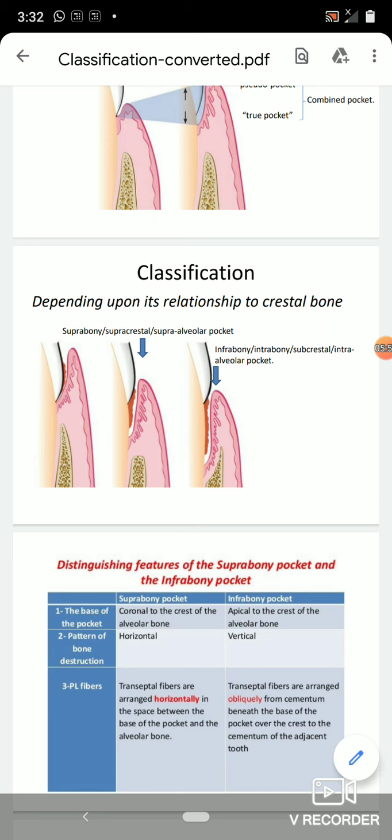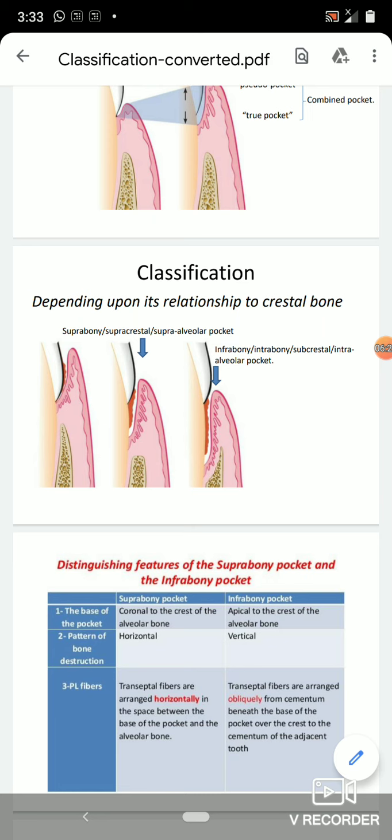So what do you mean by supra-bony pocket? Supra-bony pocket is defined as when the base of the pocket lies coronal to the crest of the alveolar bone, whereas when the base of the pocket lies apical to the crest of the alveolar bone, that is termed as infra-bony type of pockets.